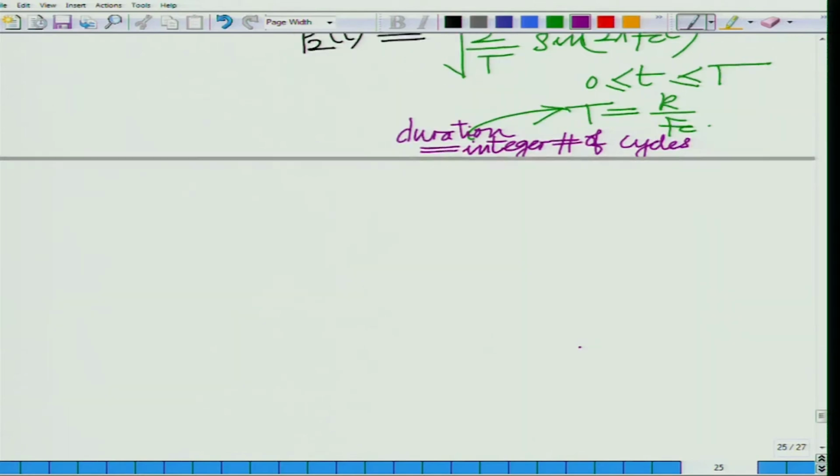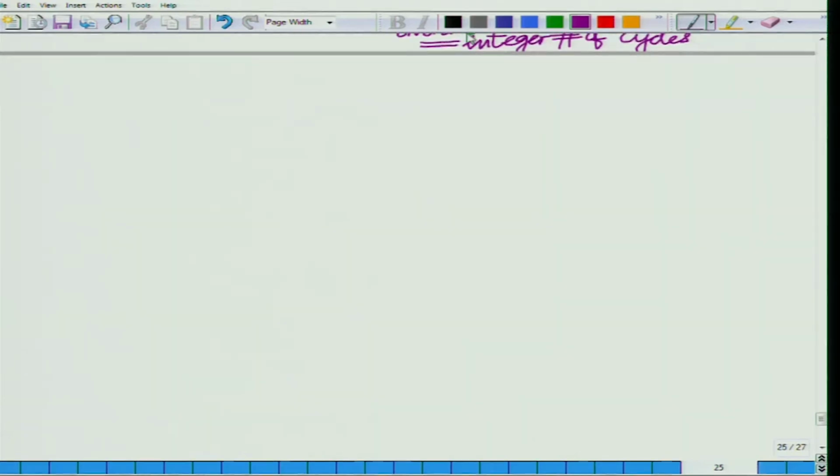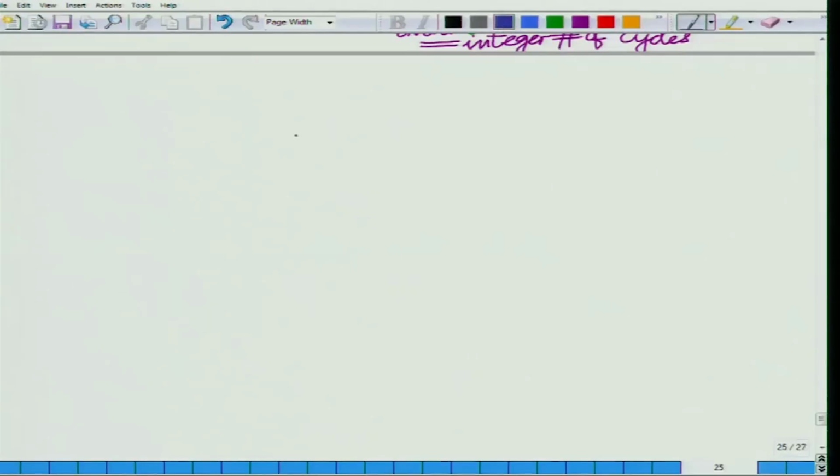Now, remember in frequency shift keying the pulses were cosine 2 pi f1 t and cosine 2 pi f2 t, frequency shifted versions of each other. Now, here we have cosine 2 pi f c t and sine 2 pi f c t.